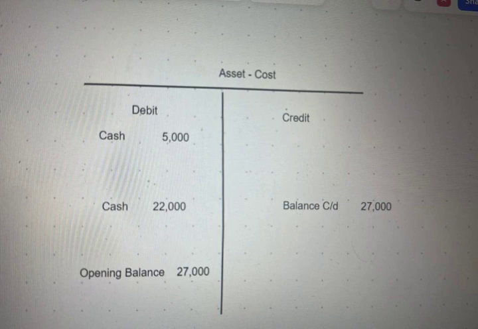Now, next time when you open up the account, it will have an opening balance of 27,000. So I'll write down over here your opening balance, and that will be 27,000. So in case you purchase further assets, it will be recorded after this 27,000.